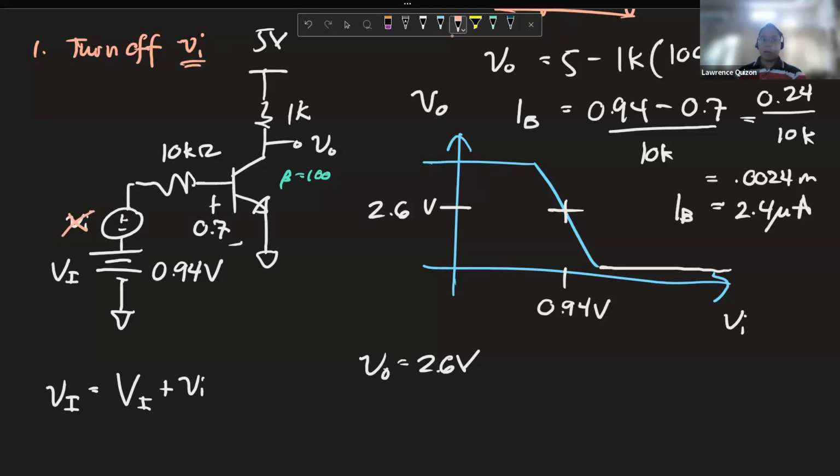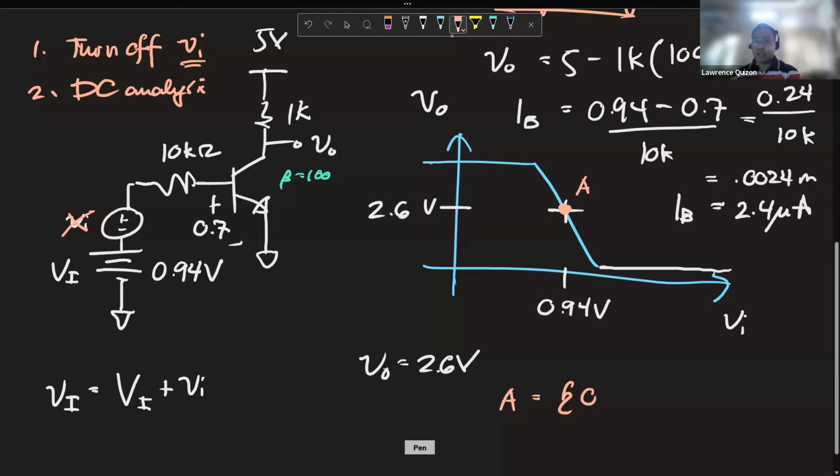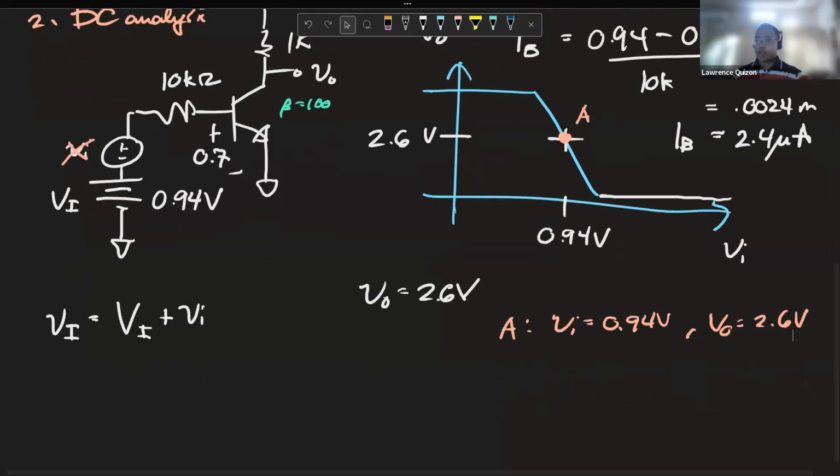We turned off the small signal portion and did DC analysis to place us on some operating point A, where A, in this case, was the operating point where we had 0.94 as the V in and the V out is 2.6 volts. Specifically where the IC was found to be 2.4 milliamps.